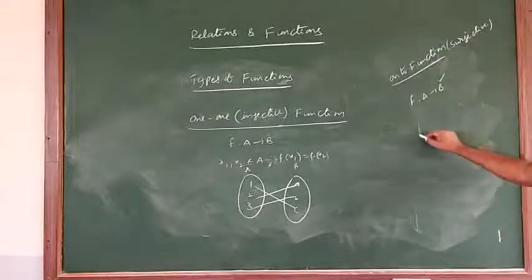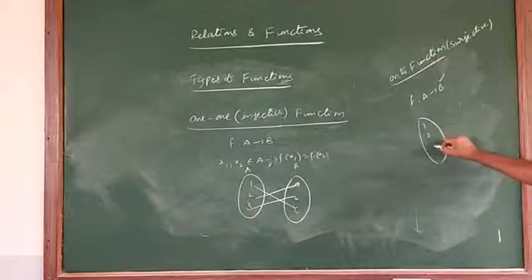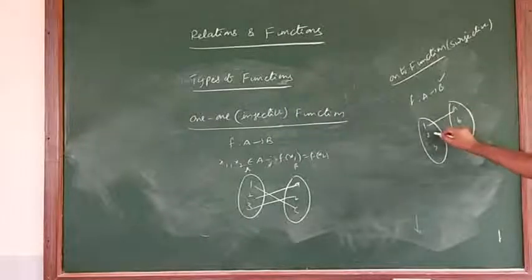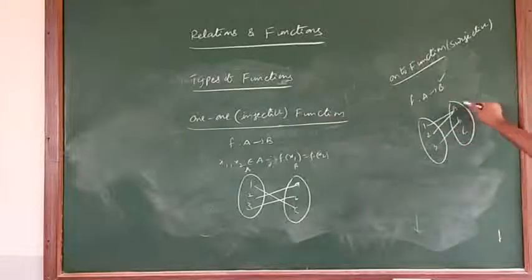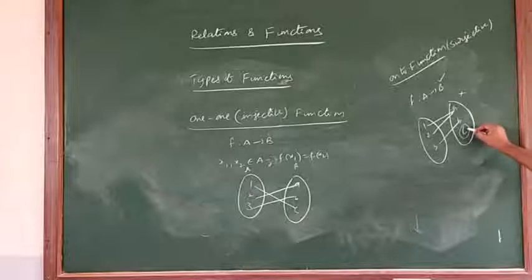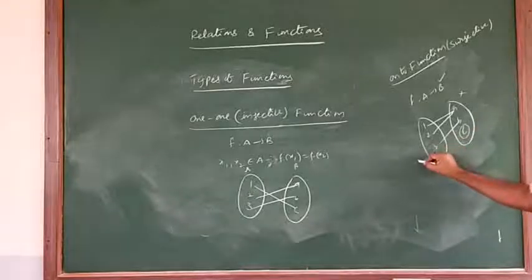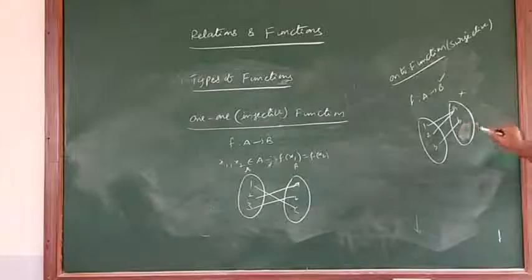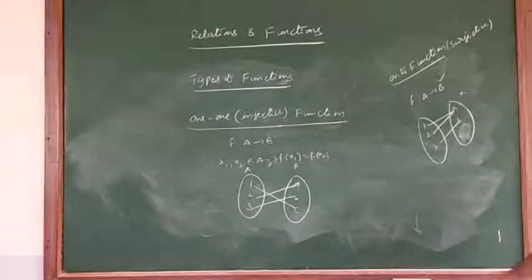See, with 1, 2, 3 in A and A, B, C in B, here it is not onto because the element C does not have a pre-image in A. So if I remove C here, then it will become onto.